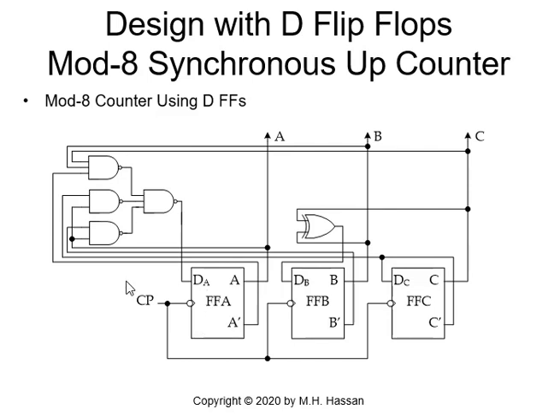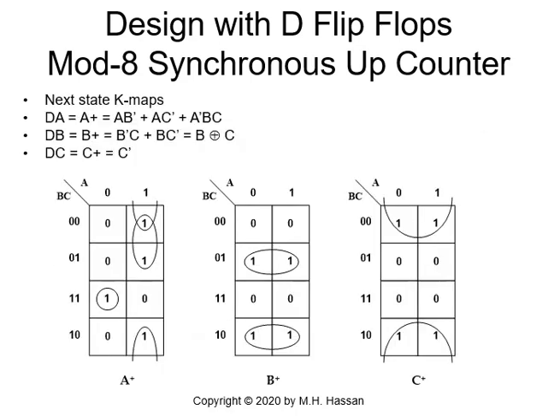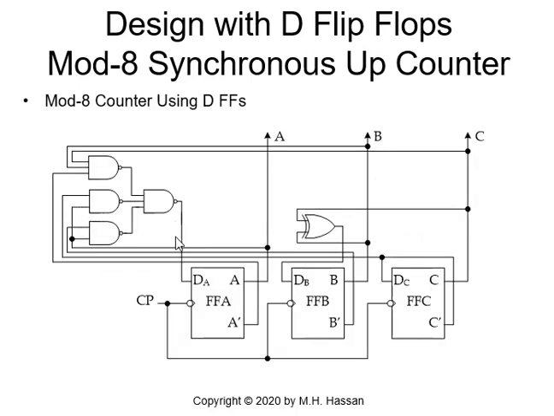And DA will be a combination of AB prime, AC prime, A prime BC. So we used 3 AND gates and 1 3-input OR gate to do the job, as you can see here, but we use an all-NAND gate structure.